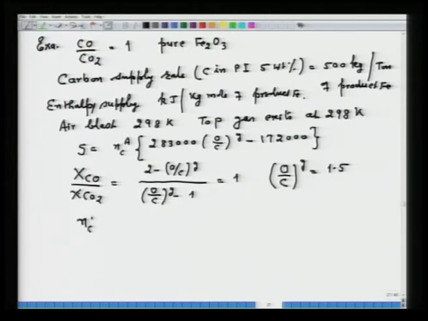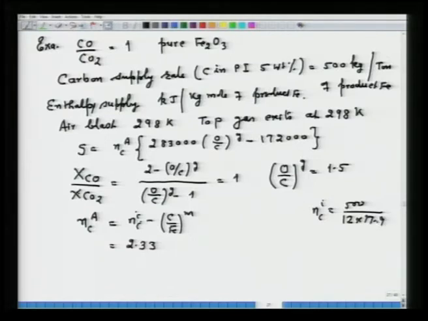So, NCA is equal to NCI minus C by Fe, as you recall from my earlier lecture. That means NCI is the total carbon supply per mole of iron, and C by Fe is the moles of carbon which is dissolved in iron. So, you can calculate. NCI will be equal to 2.33, because NCI is simply 500 upon 1200 into 17.9, where we take 1000 kg iron, so 17.9 kg moles of iron.